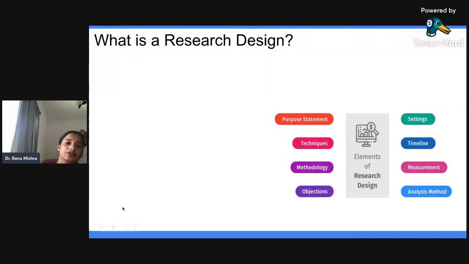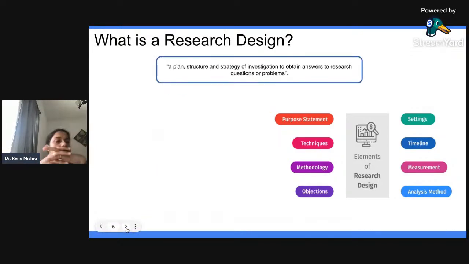Let me take you to the exact definition, or a structural way of understanding research design, which is a way to answer your research questions or problem. Because every research, when you begin, you're trying to identify an answer to a problem. If not a problem, you're trying to fill a gap, a research gap you found from the literature, right?